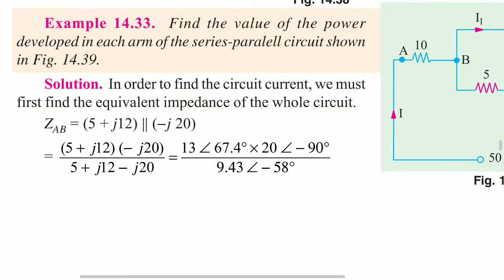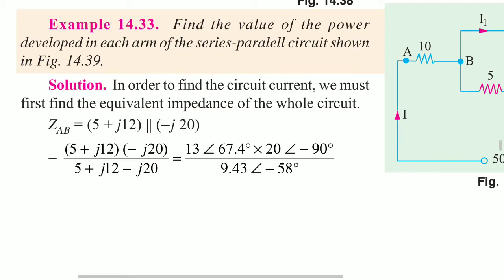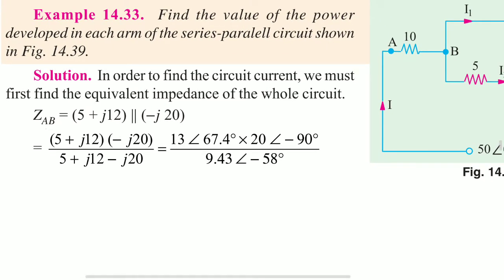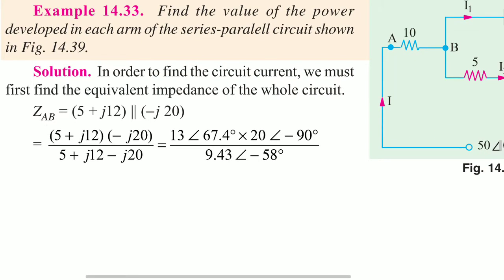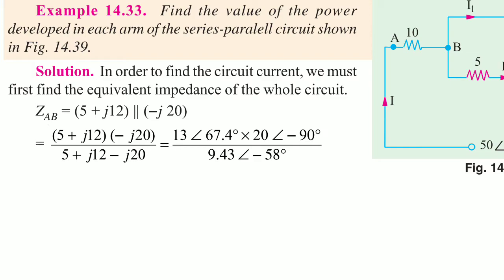So what they are asking: find the value of the power developed in each arm of the series parallel circuit. The solution: in order to find the circuit current, we must first find the equivalent impedance of the whole circuit.